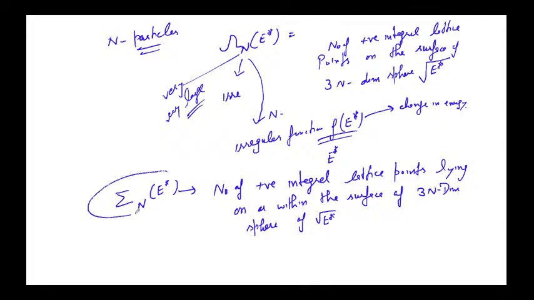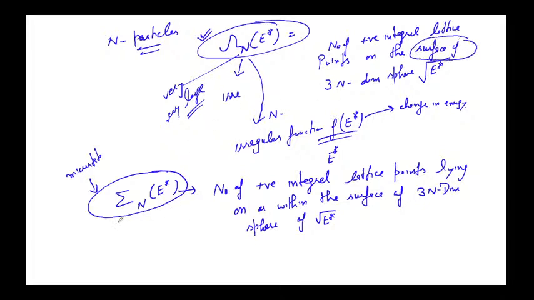Now what is the difference between this new microstate function and the earlier one? The earlier one says that the positive integral lattice points are present only on the surface of the sphere, while this one says that, because no system is perfectly insulating, the value of energy in a system changes from time to time. So this counts the positive integral lattice points lying on the surface or within the surface.